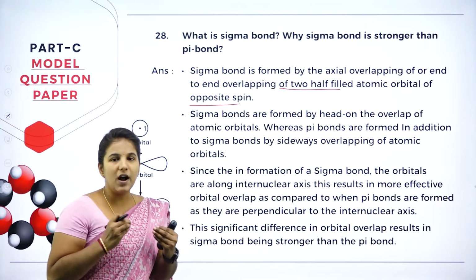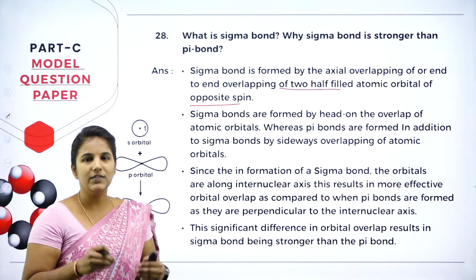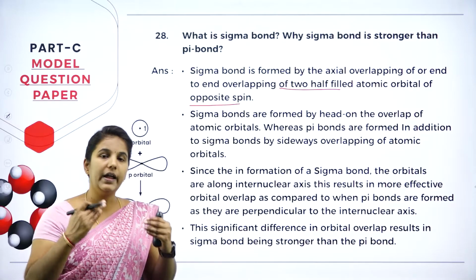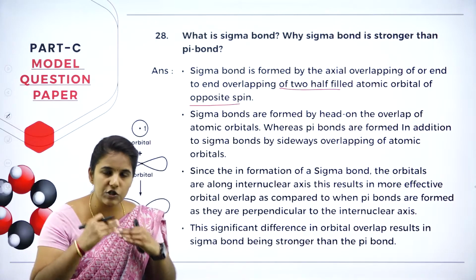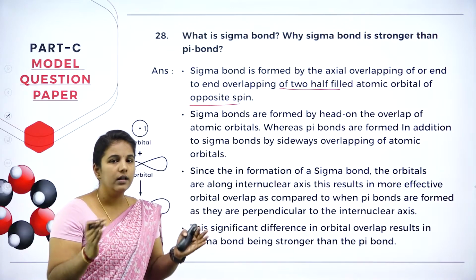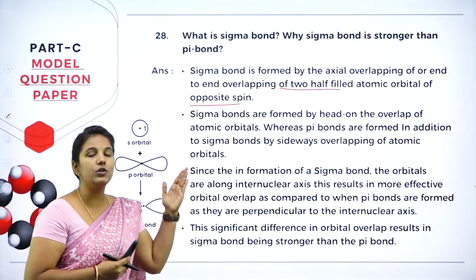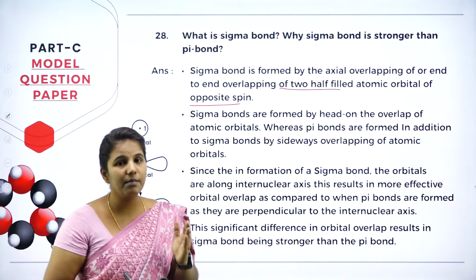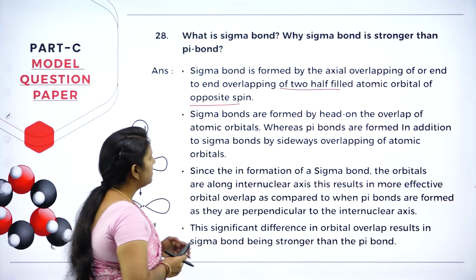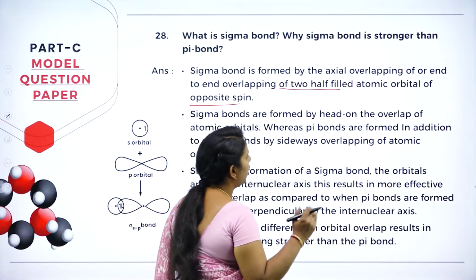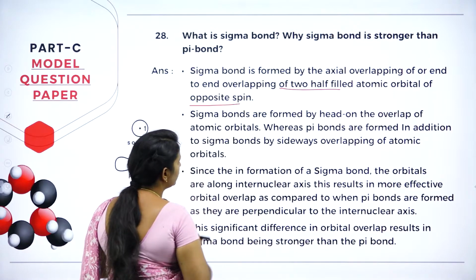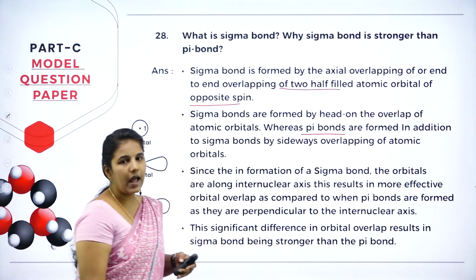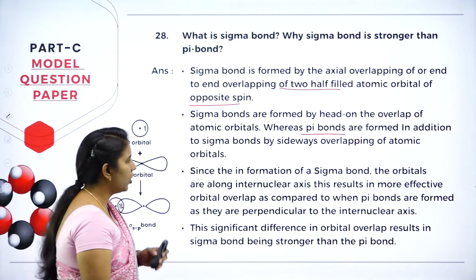If any two atomic orbitals are half-filled with opposite electron spin and overlap axially, head to head or end to end, such overlapping is known as sigma overlapping. Sigma bonds are formed by head-on overlapping of atomic orbitals, whereas pi bonds are formed by sidewise overlapping of atomic orbitals.